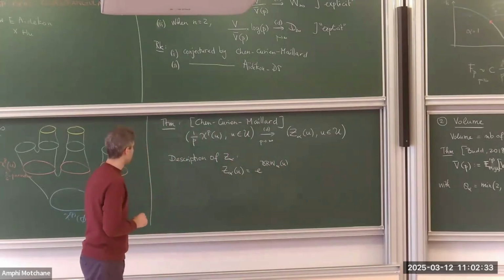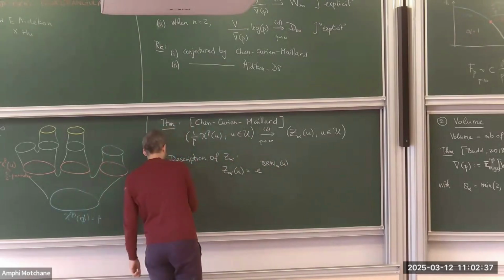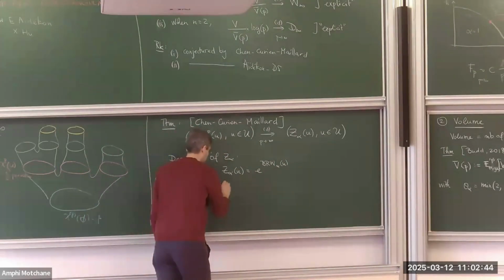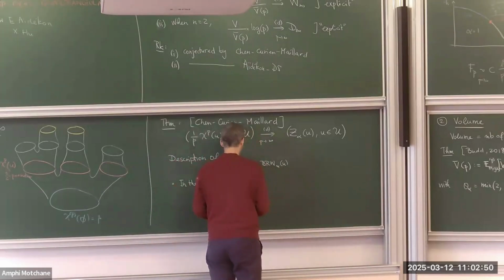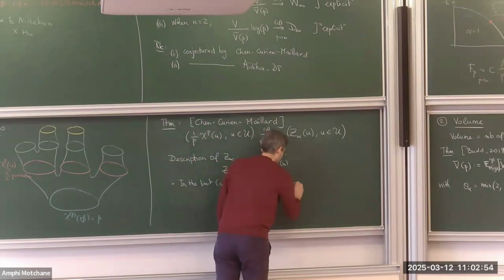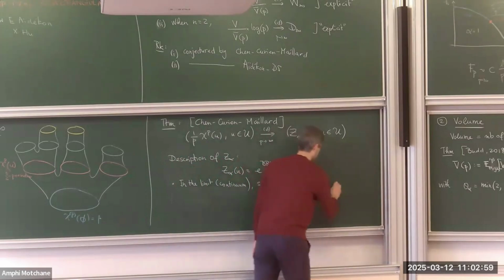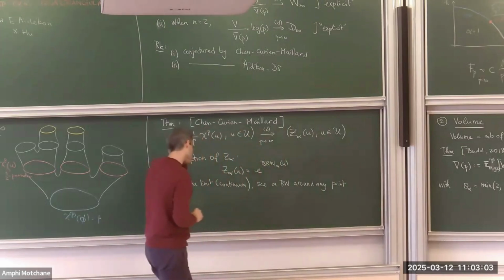And what this is telling you is that in the limit, let's say in the continuum, what you see is a random walk around any point in your limiting space.